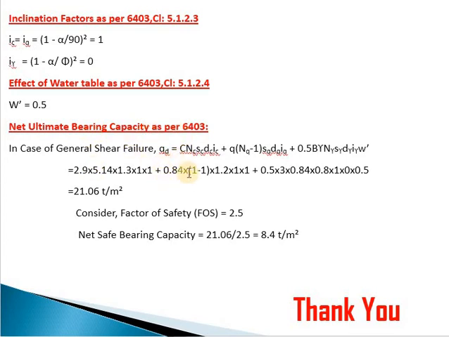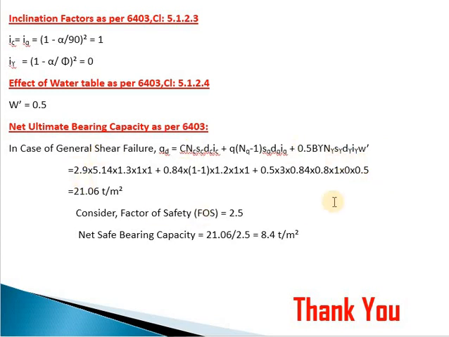So qu is equal to cNc. In another video, we have discussed when the general shear failure formula will be considered and where the local shear failure will be considered. In this case, we will consider general shear failure. So qu is equal to cNc Sc Dc Ic plus q(Nq minus 1) Sq Dq Iq plus 0.5 B gamma N gamma S gamma D gamma I gamma W dash.